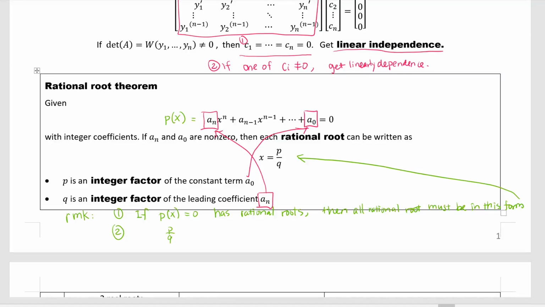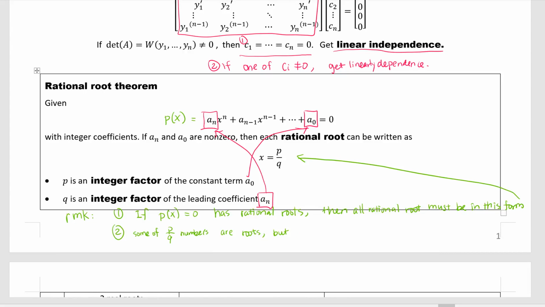So even though we have this form, we will get many numbers, and some of those numbers are roots, but it might be possible that some are not roots.